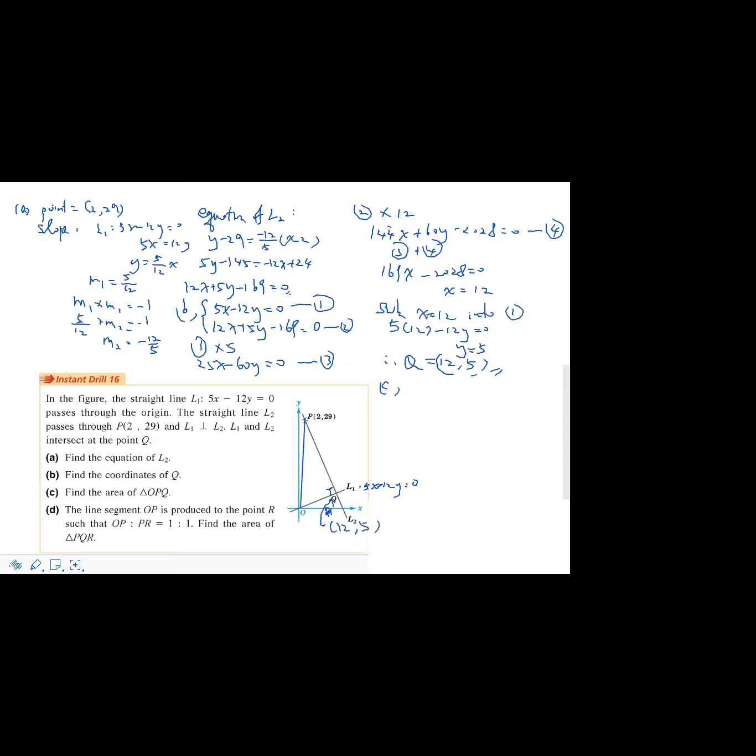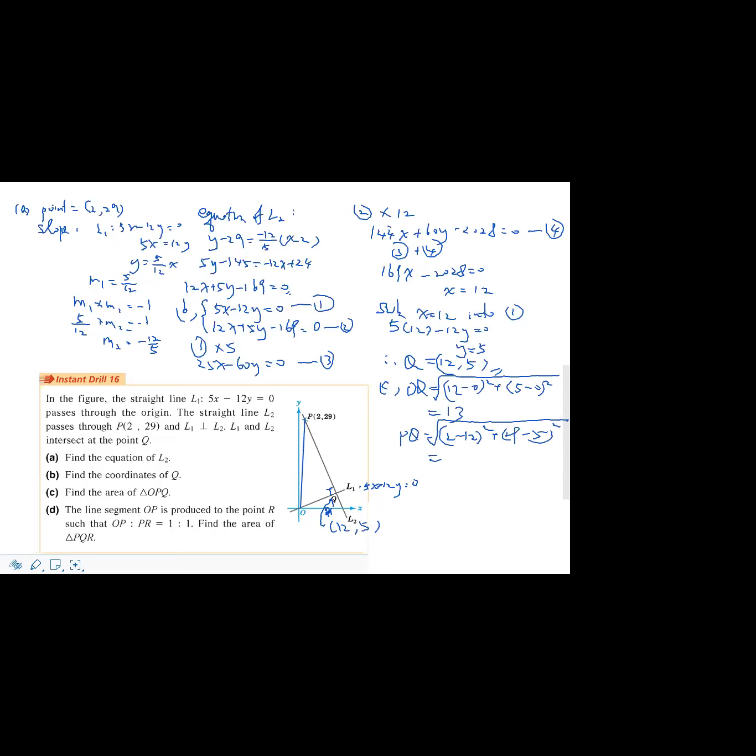Okay, so OQ is the square root of 12 minus 0 squared plus 5 minus 0 squared. That should be equal to 13. And then PQ should be the square root of 2 minus 12 squared plus 29 minus 5 squared.